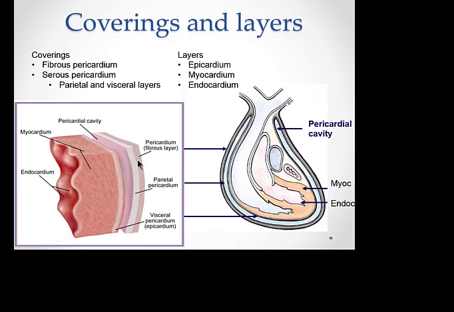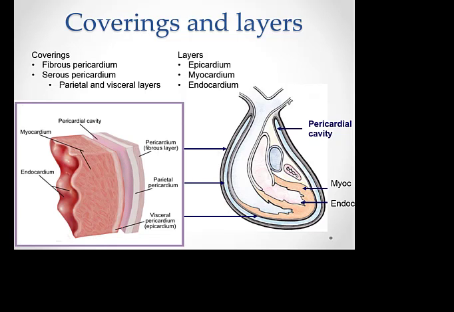And then next to the fibrous pericardium we have what is called the serous pericardium. The serous pericardium has two layers, a parietal and a visceral layer. The parietal layer is on the outside. Then there is the pericardial cavity here, and then this here is the visceral layer.